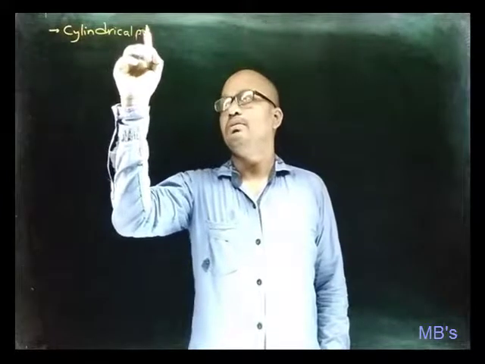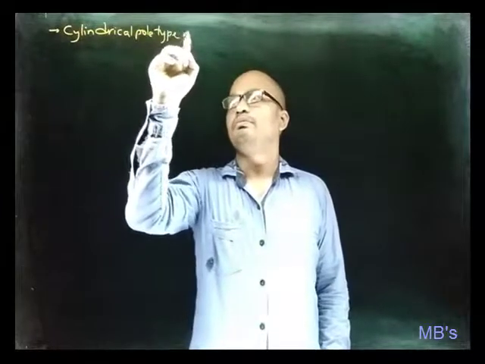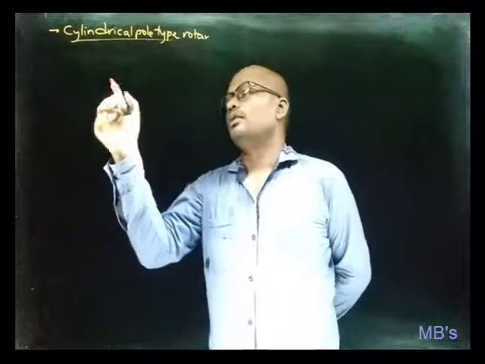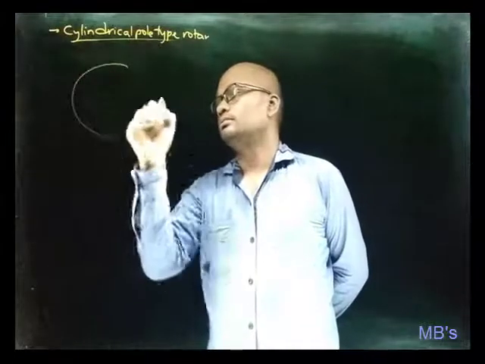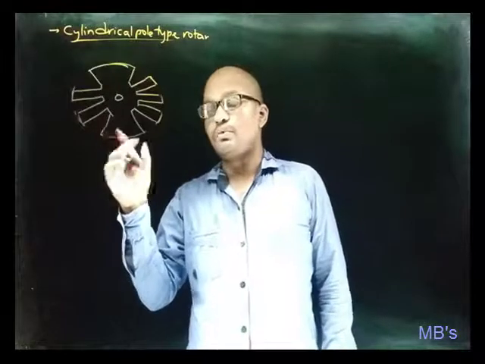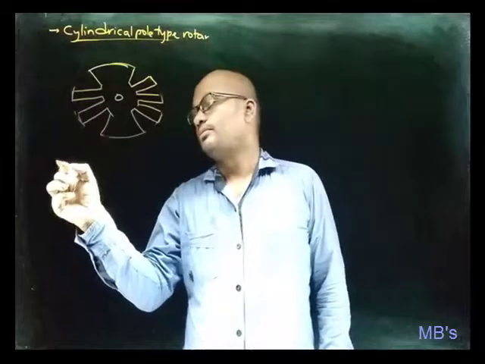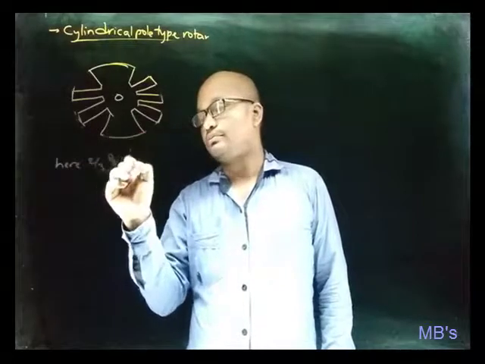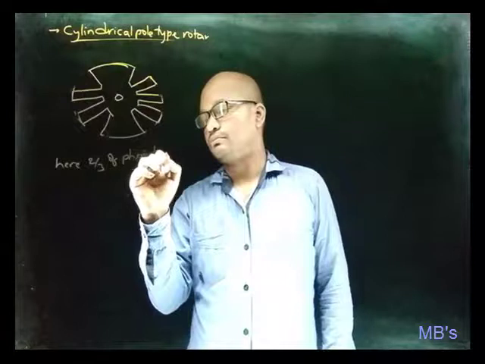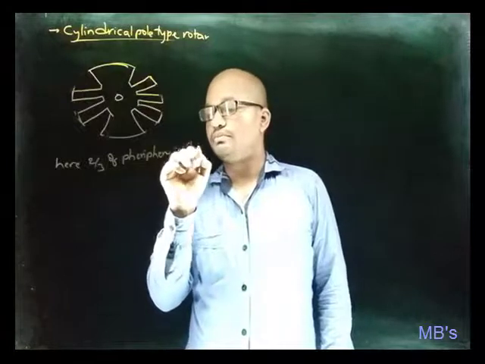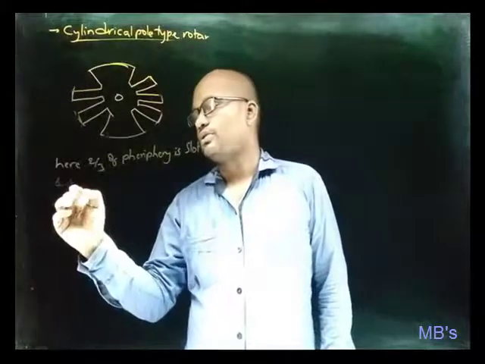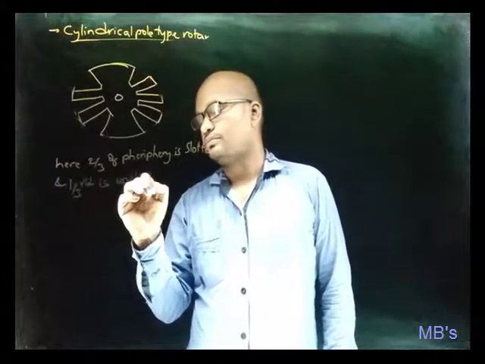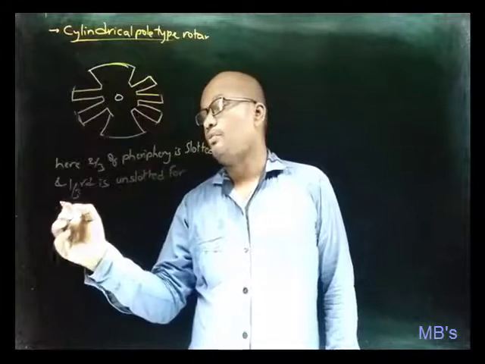Next, cylindrical pole type rotor. This is how the cylindrical pole type rotor looks like, and here 2/3 of the rotor periphery is slotted and 1/3 is unslotted for pole formation.